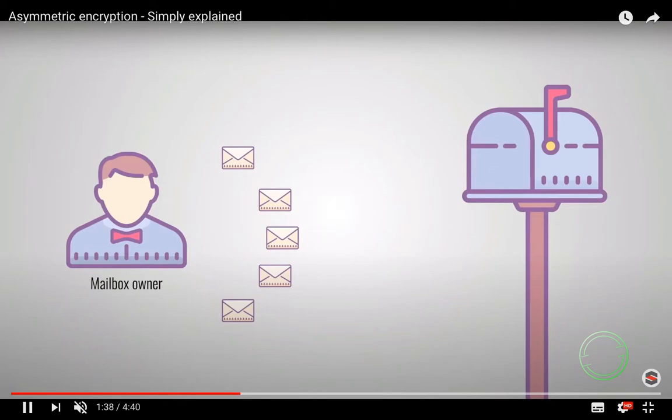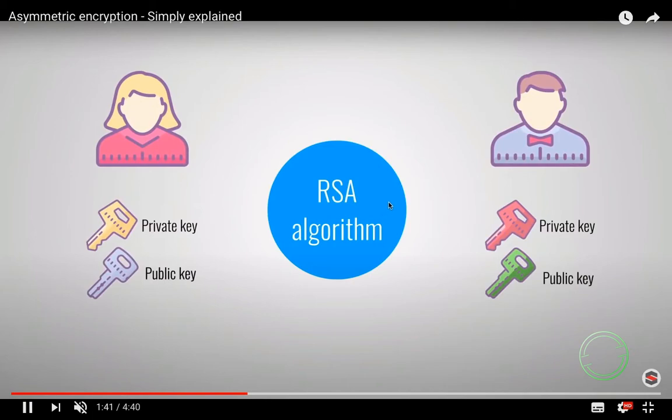In this way, in asymmetric encryption, using the RSA algorithm, it generates two keys for every user, a private key and a public key, for both Alice and Bob. The private key is completely private to the user. It is not known to anyone.